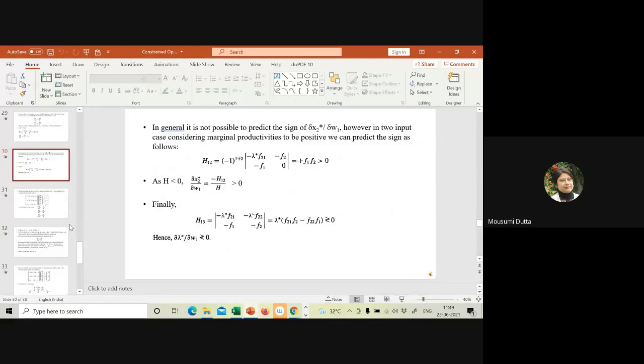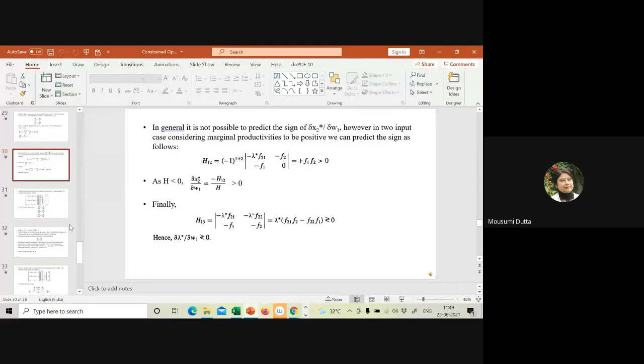Okay, so please add, in general it is not possible to predict the sign of del x2 star by del w1, because if there is n factor model, we don't know whether it is a substitute for x1, whether it is a complementary input for x1.